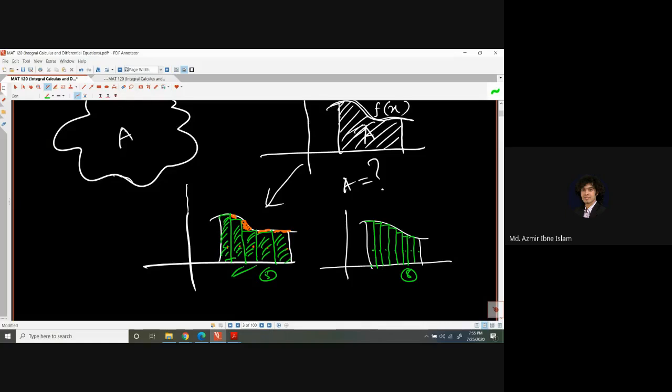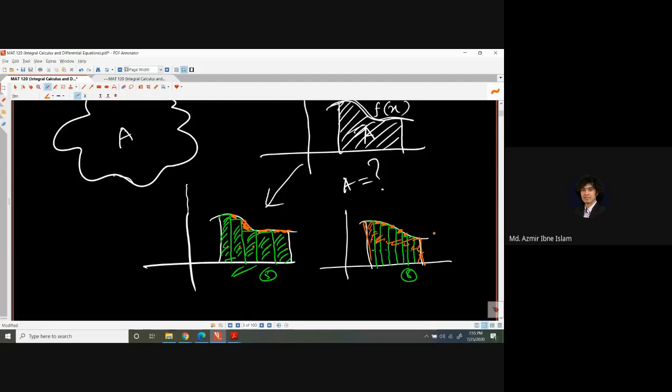So you can easily say that we can sum up all the rectangles' area, and we will get somehow the area of this curve from this part to this part, but still we have some error here. That means the area that we are going to find is not the exact area. We're getting the approximate area.